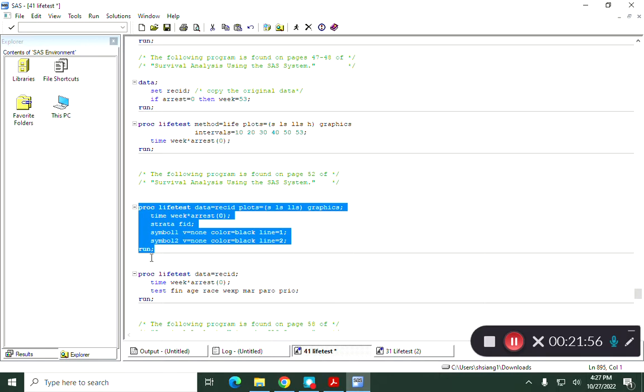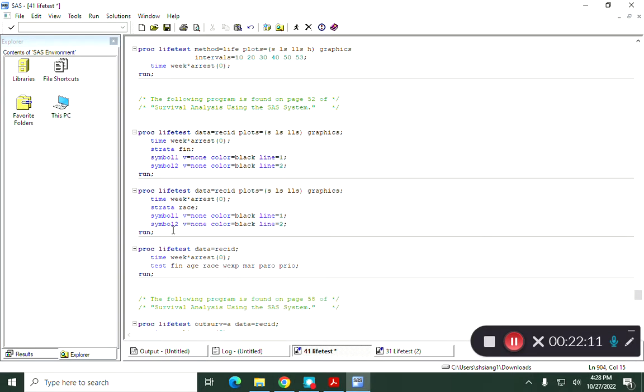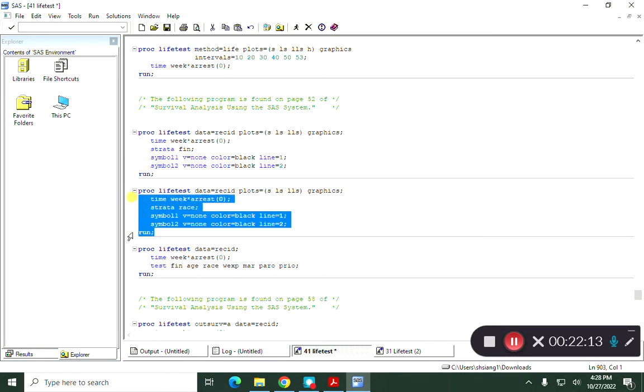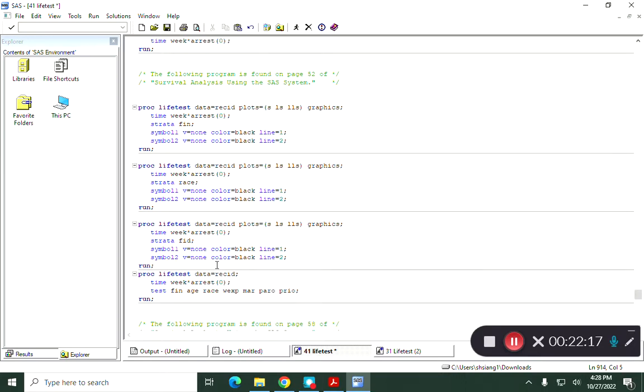So I only want to test a couple. And then I can test for race. I can test for, let me just have a couple more. I can test for marriage status.